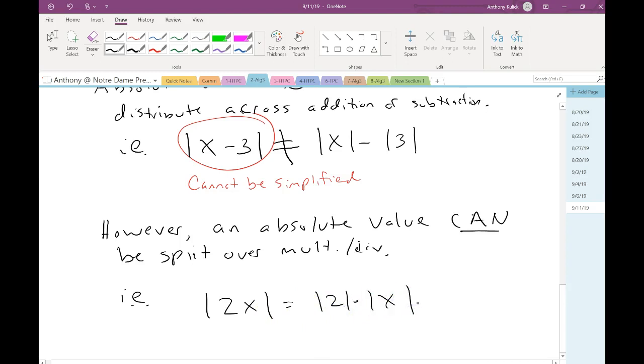So if I have something like the absolute value of 2x, I can say that that is the same thing as the absolute value of 2 times the absolute value of x. That is okay to do, which further would simplify down to just 2 absolute value of x.